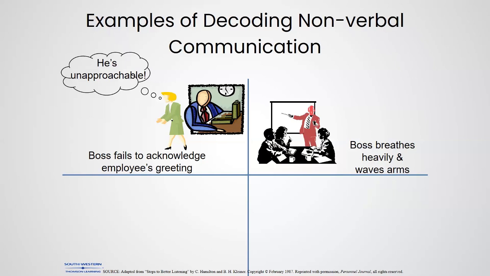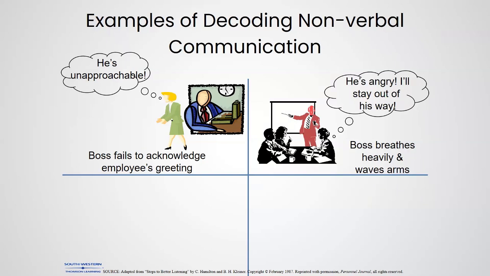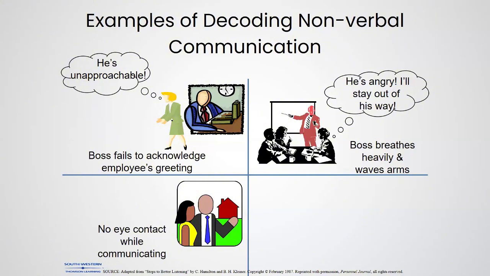Like in this case, we have the boss that breathes heavily and waves arms. Then the audience is interpreting, I think he's angry, let me stay out of his way. Or like in this particular case, there's no eye contact while these people are communicating. And lack of eye contact, how does one interpret this? You find that others will say, maybe it is like in Malawi, a lady and a father-in-law.